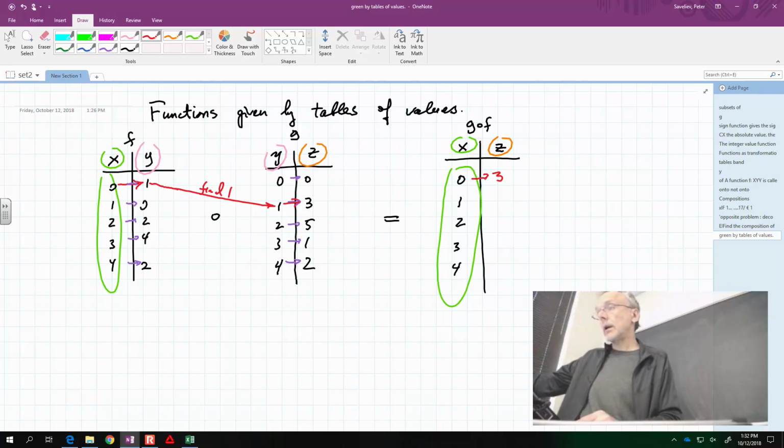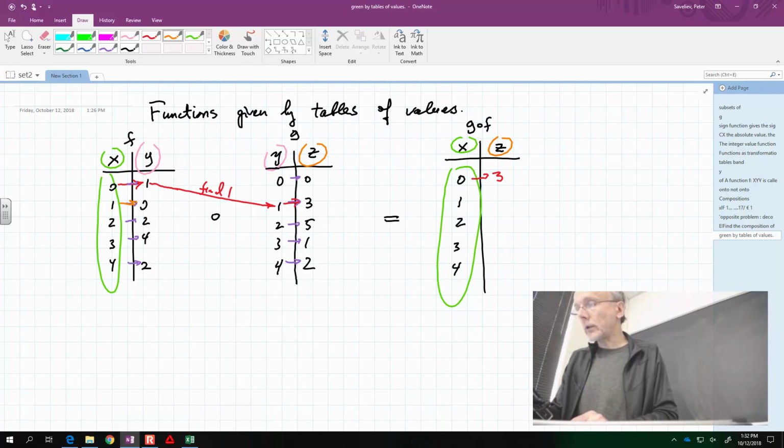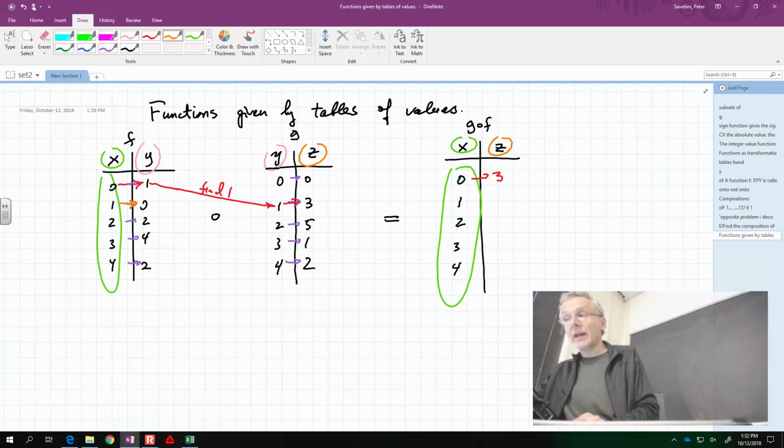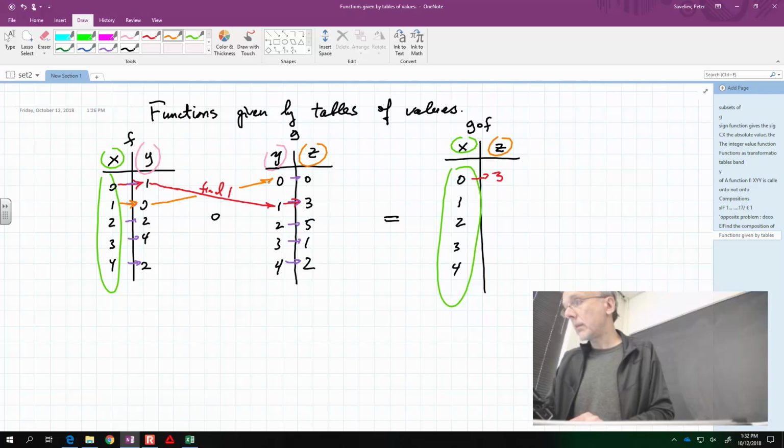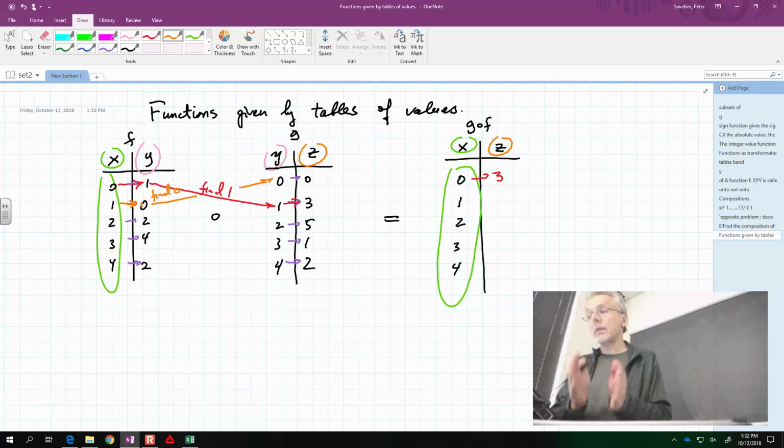And then I'll do it as many times as necessary. So 1 goes to 0. I need to find 0. We find 0. So the 0 is the output of the first step, and I find the 0 as the input of the second step. So this is my next step. If I found 0 in the y column, I need to find that 0 in the new column, which might be misaligned.